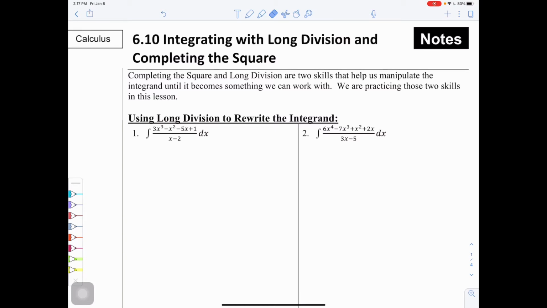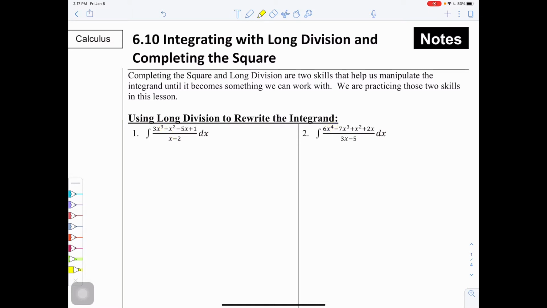610, integrating with long division and completing the square. When we are trying to integrate a rational expression and we have something we don't recognize, or the degree of the numerator is greater than or equal to the degree of the denominator, as you can see here, division is quite helpful.